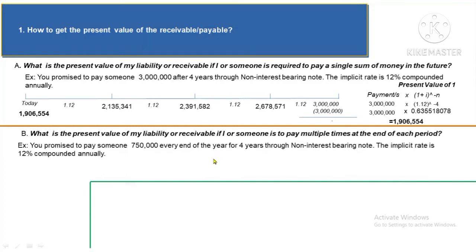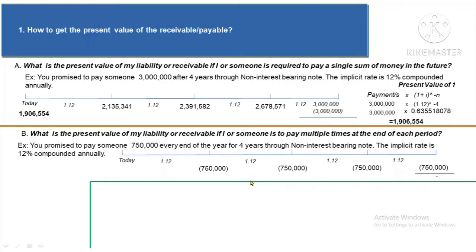So in timeline analysis, you are going to pay here 750,000 and then here also, as well as here, so that your liability will become 0. And according to the problem, the implicit rate is 12% compounded annually, so we are still going to use the 1.12. Now we can work back.